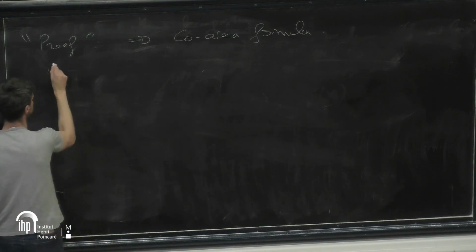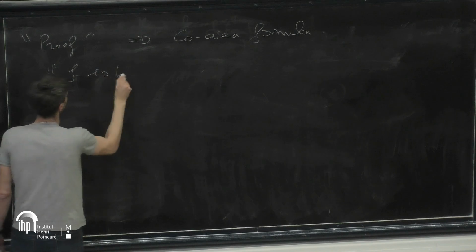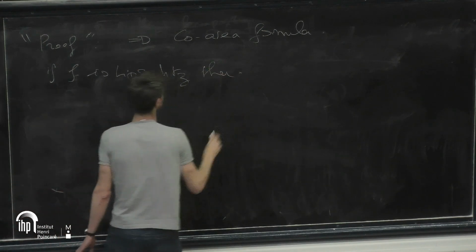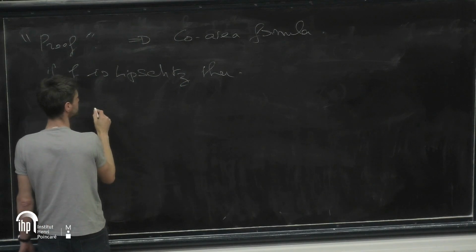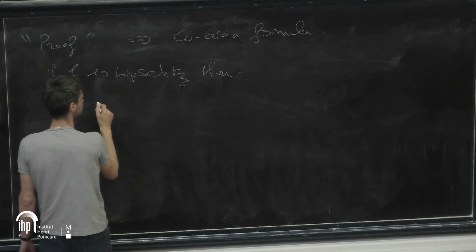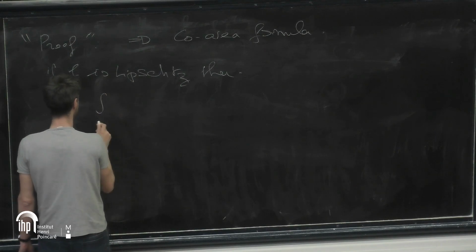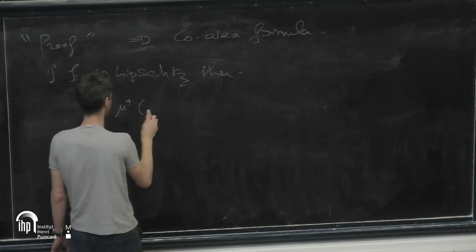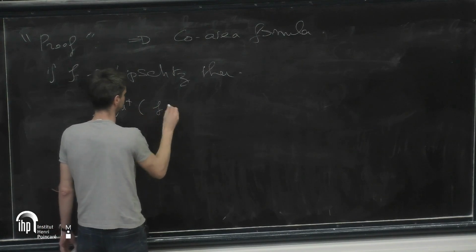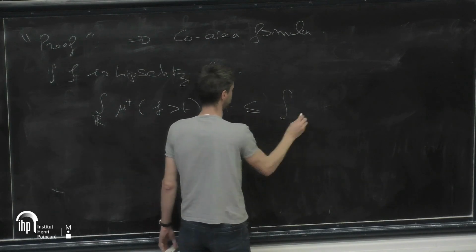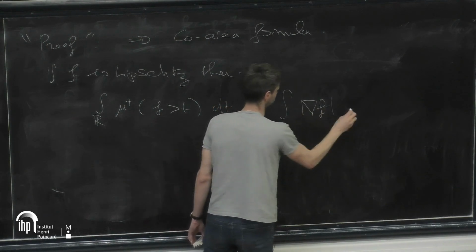It says that if f is Lipschitz, then the integral on R of mu plus, the perimeter of {f larger than t}, dt is upper bounded by the integral of |grad f|.